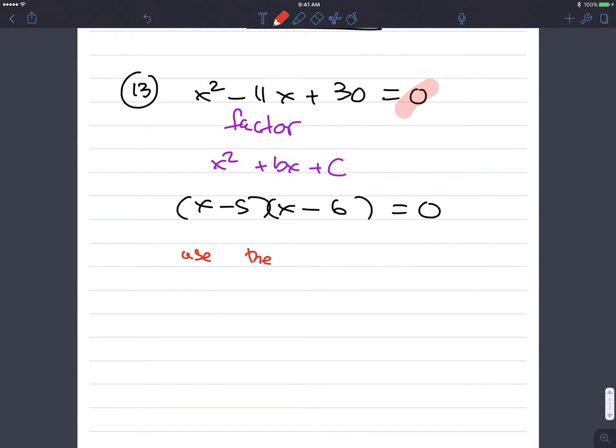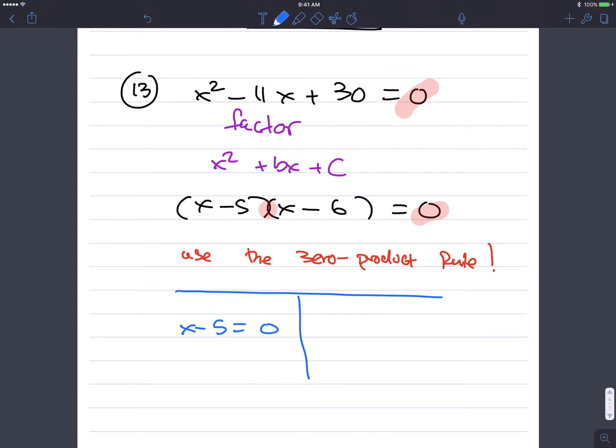Use the zero product rule. Zero product rule says, since now I have a product and it equals 0, we're going to set both terms, x minus 5 equal to 0, or x minus 6 equal to 0. Right?